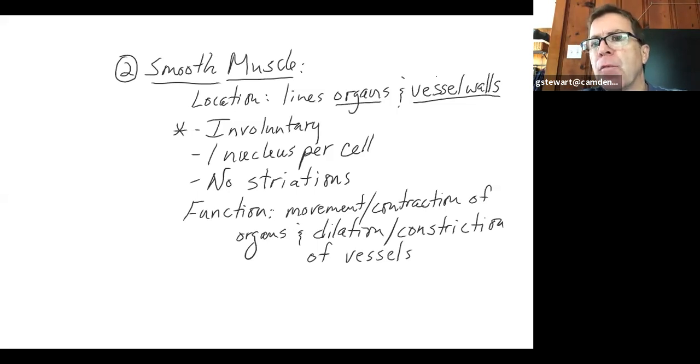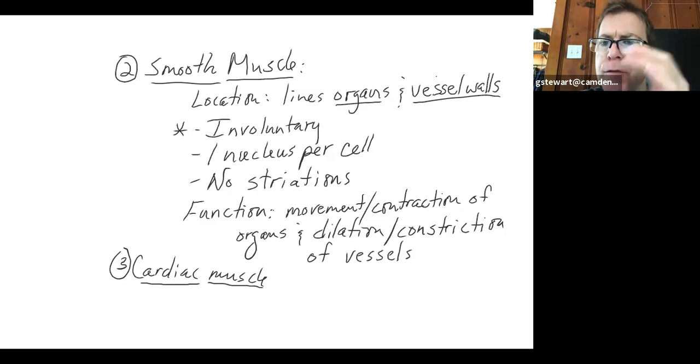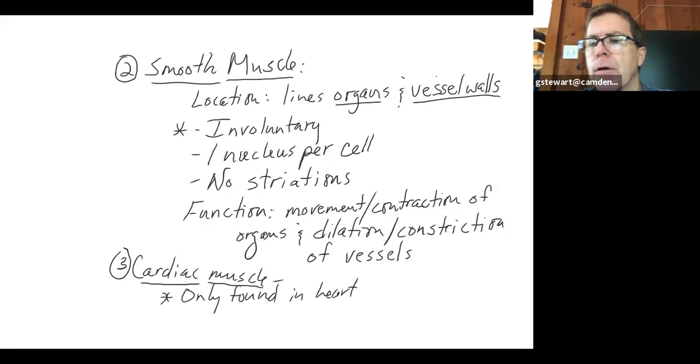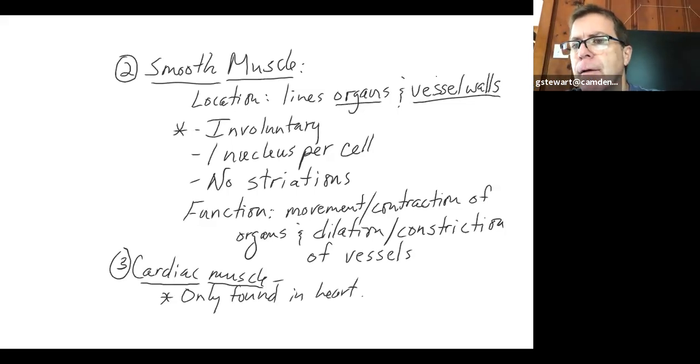Okay, so number 3 is cardiac muscle. I'll try to squeeze it in on this page. Cardiac muscle is only found in the heart. That's its location. That's easy.